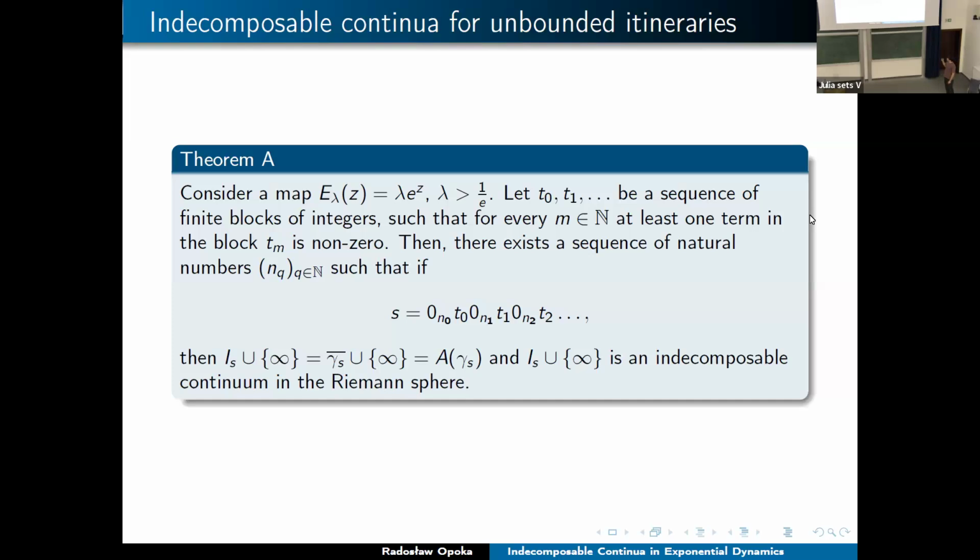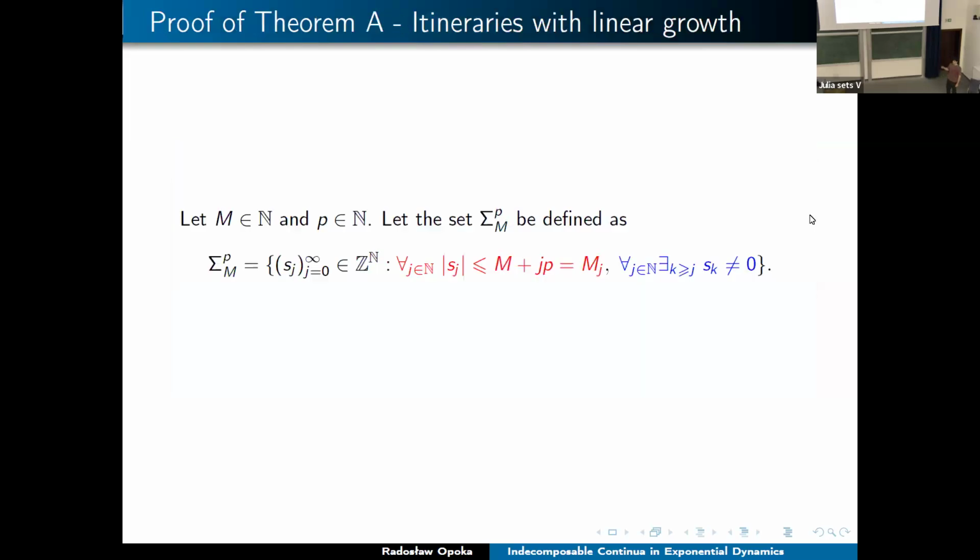And I will shortly tell about the proof. So the first thing to do is that I choose some special subset of unbounded itineraries. For fixed M and P, I choose the itineraries which grow not faster than some linear function.